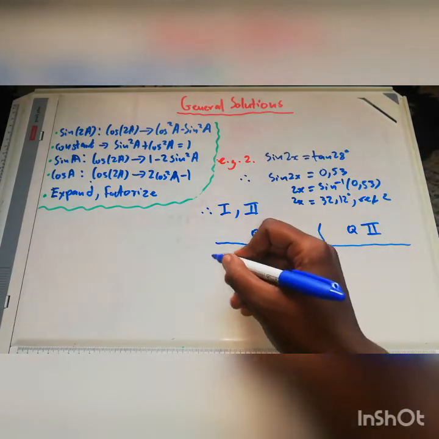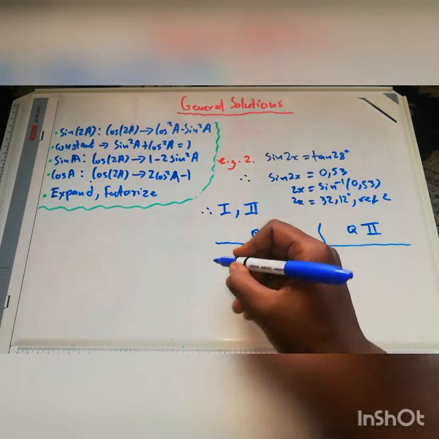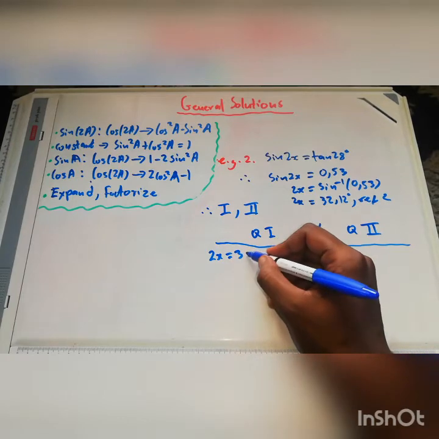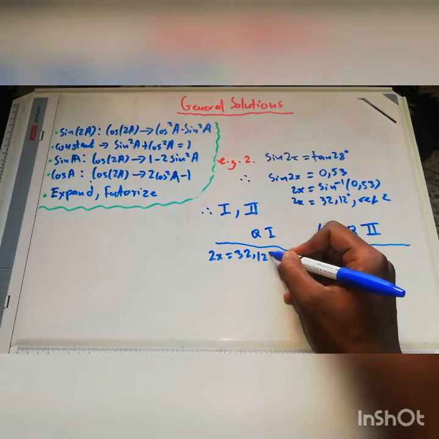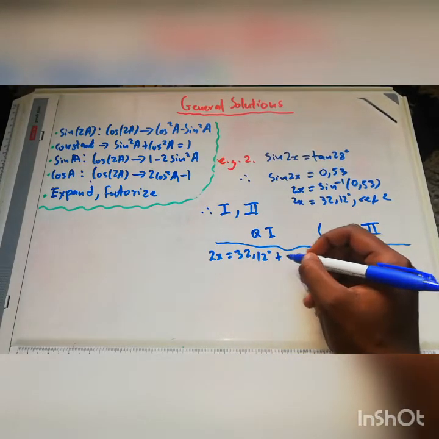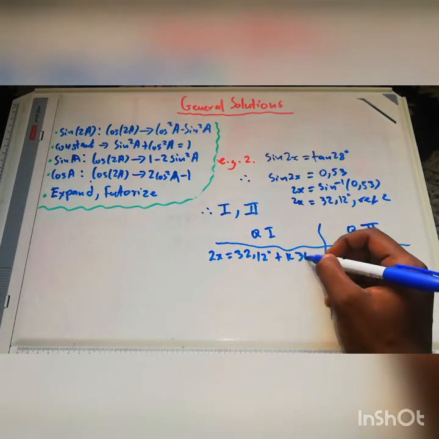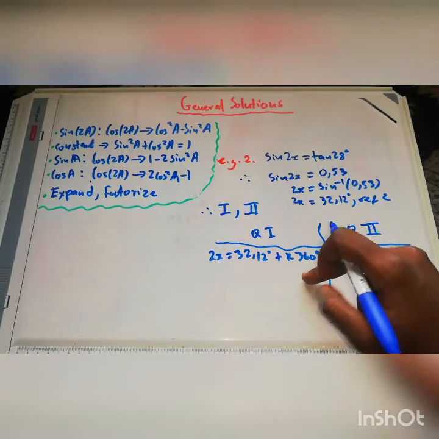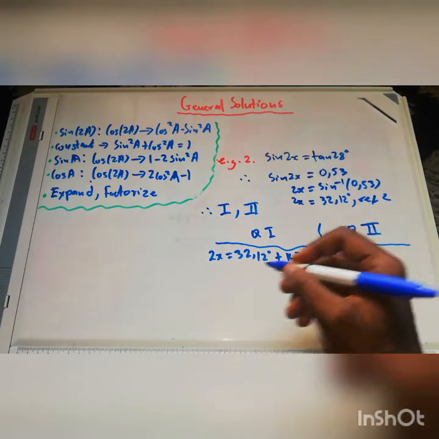In the first quadrant, the answer to your solutions is going to be 2x is equals to 32.12 degrees plus k 360 degrees, because the period of a sine graph is 360 degrees.